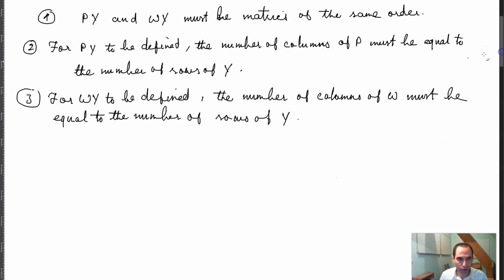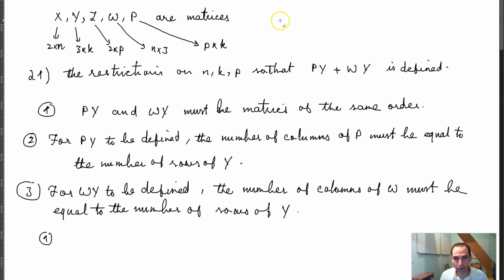So I have to rewrite 1, and for the sake of simplicity I'm going to take the number of rows as x, for example. Whenever I say x, that means the number of rows of something, and the number of columns I'm going to take as y.